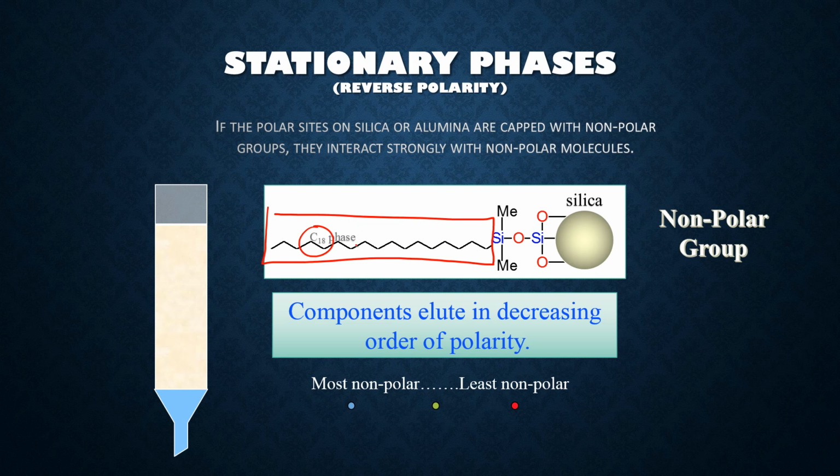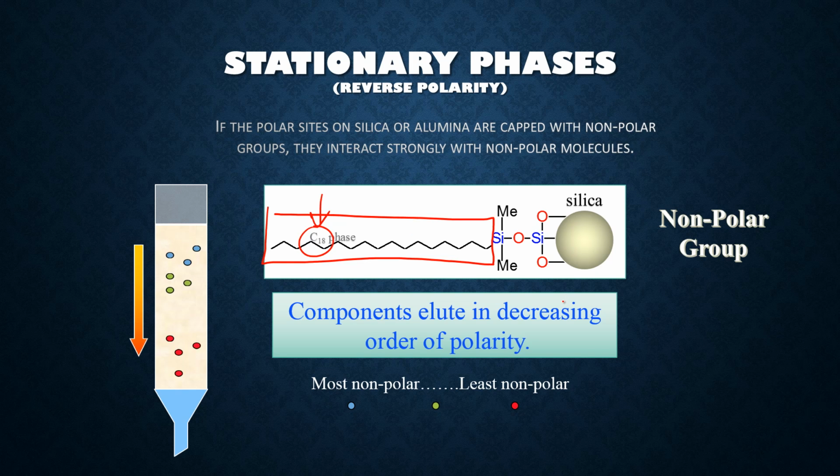In any case, with an increasing carbon chain, you get increasing reverse polarity, or increasing non-polar properties, if you like.